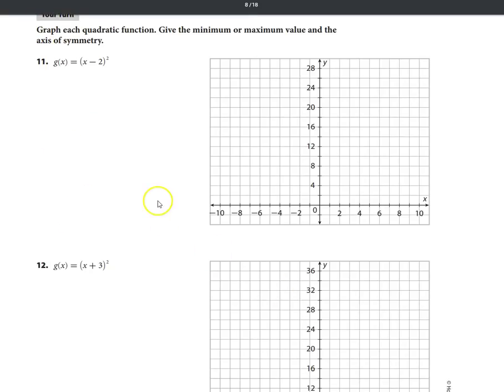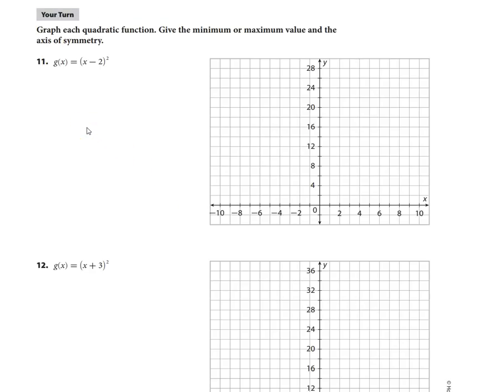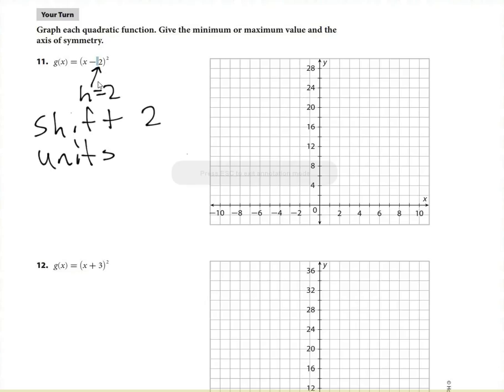Okay, so just looking at a couple of examples real quick. This one, what is the value of h here? Well, the value of h in this is a positive 2. So this is going to shift the parent function 2 units right because h is positive.